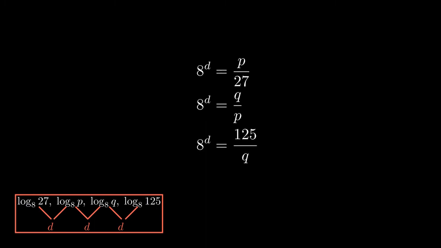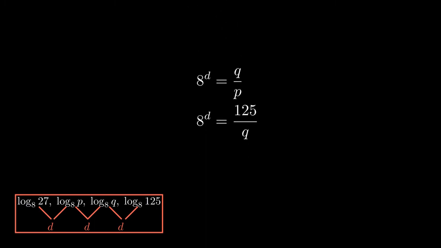So we're showing that the ratio between subsequent terms, in other words, the second term divided by the first, or the third term divided by the second, fourth term divided by the third, these are all equal to 8 to the power D. And that is the definition of a geometric sequence, right? It has a common ratio.